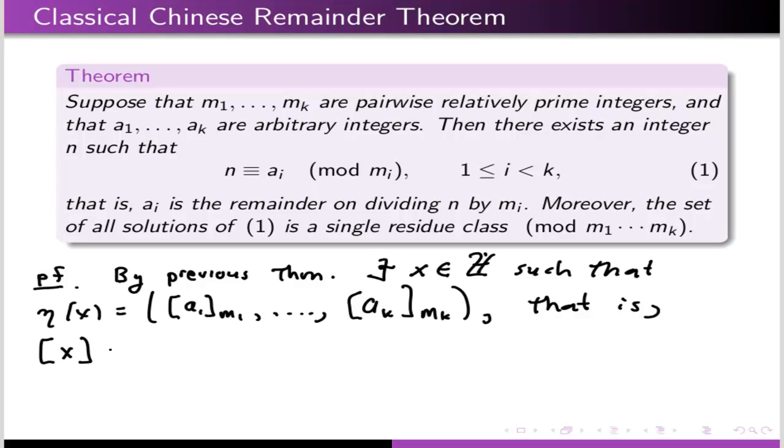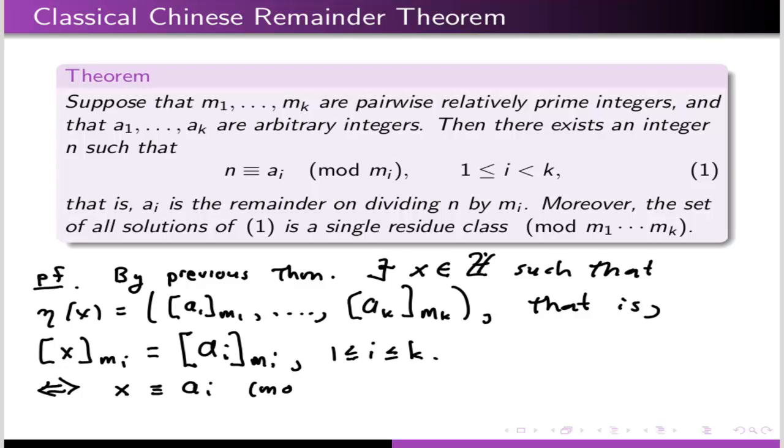That's just the value of x mod m1, comma, the value of x mod m2. So the value of x mod mi should equal the value of a sub i mod mi. That's just the definition of what eta of x means. And this statement is equivalent to saying that x is congruent to a sub i mod m sub i, i going from 1 to k.